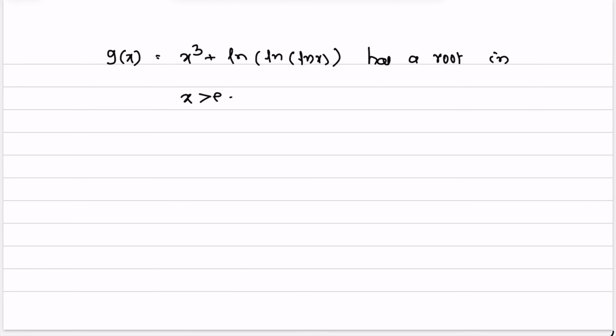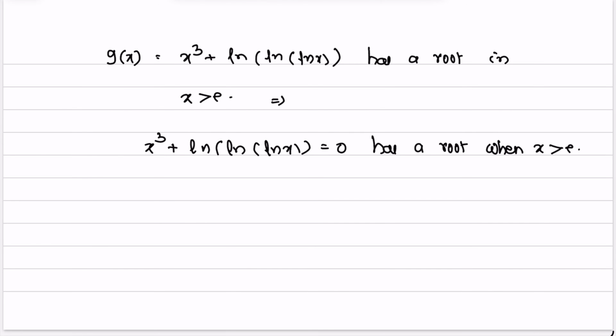That means we have found out and we have concluded without any calculations that x cube plus ln x has a root. This implies x cube plus ln of ln x is equal to 0 has a root when x is greater than e.